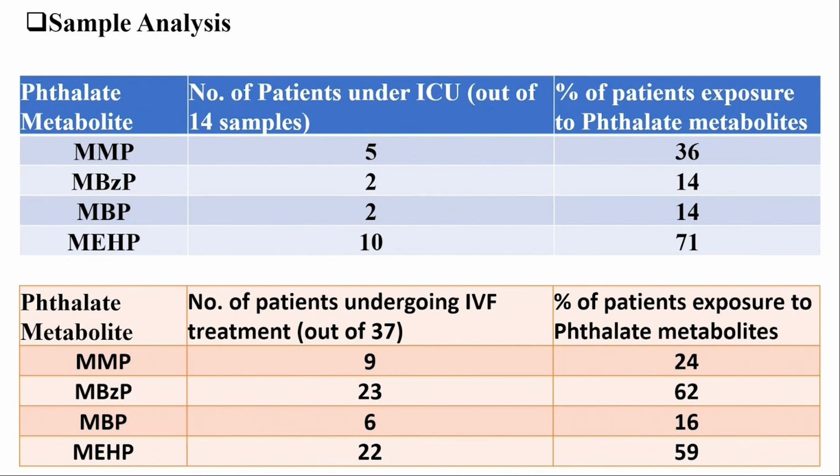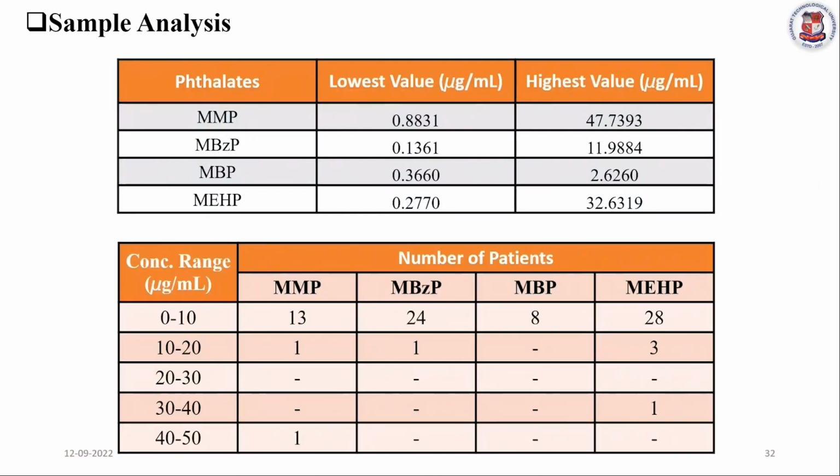In IVF treatment, out of 37 patients, the percentage of patients exposed to phthalate metabolites is almost 60%, in terms of monobenzyl and monoethylhexyl phthalate. So we can say that a significant amount of phthalate content was found in the patient samples.